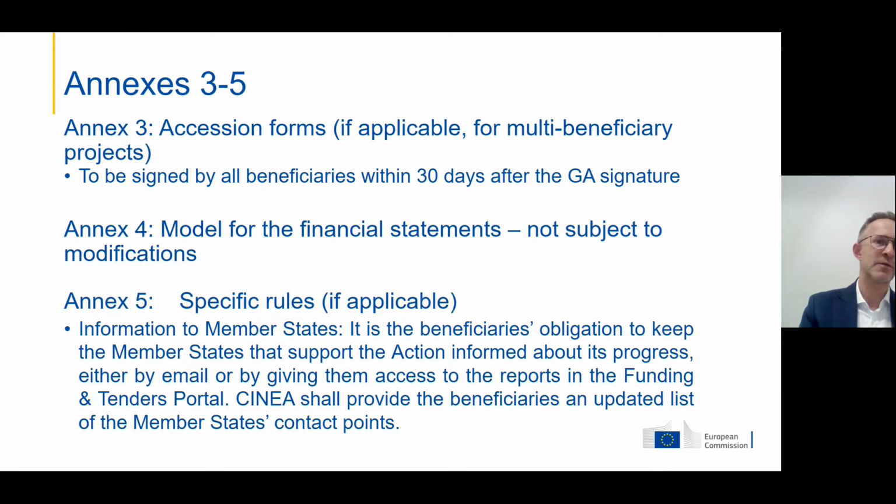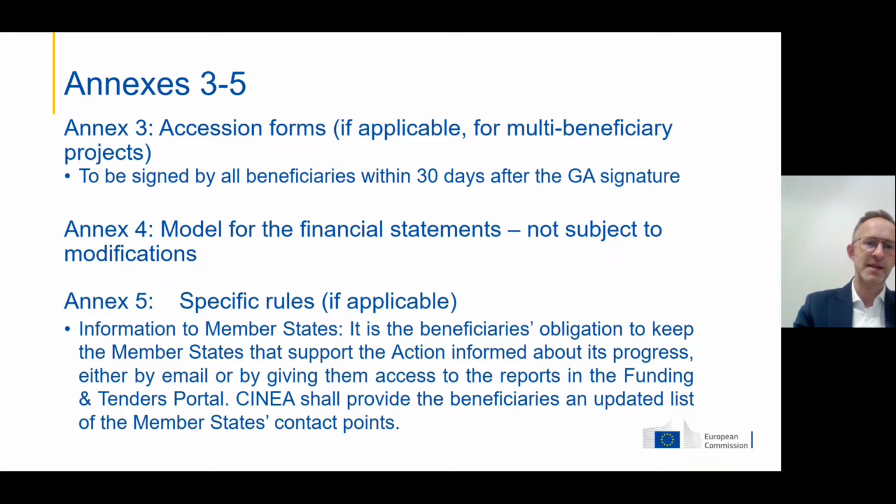For the annexes 3 to 5, there are accession forms, which you will need to sign if you are in a multi-beneficiary action, and this has to be done not later than 30 days after the grant agreement signature. In Annex 4, you will have models for financial statements. They are not subject to any modification, but you're kindly asked to familiarize yourself with them.